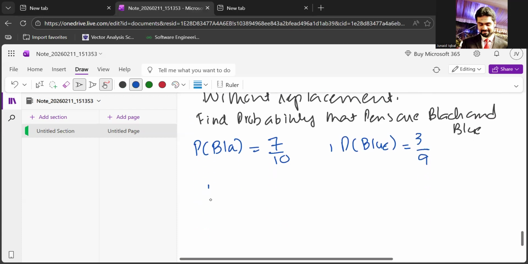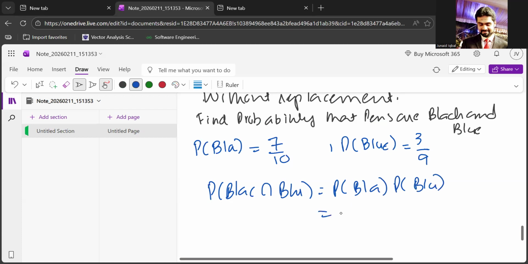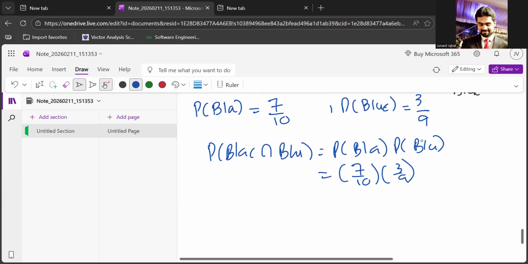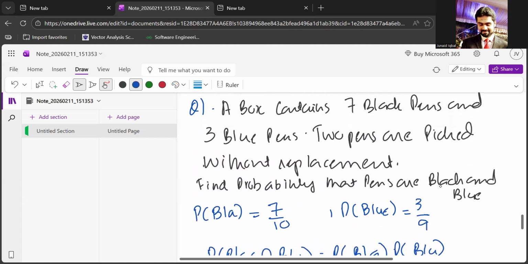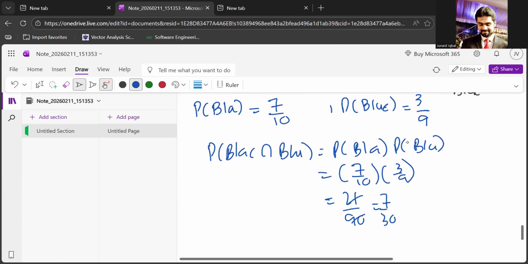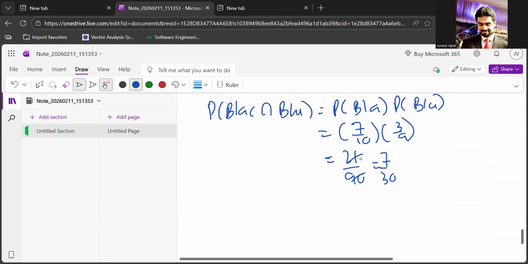So black and blue would be 7 upon 10 times 3 upon 9. Now we are going to simplify it, so it would be 21 upon 90, which is 7 upon 30. Okay, so this is what dependent events are, when the first event is impacting the other. If you are picking up the black, obviously we are going to have a reduced sample space, reduced from 10 to 9, and this would be 3 upon 9.